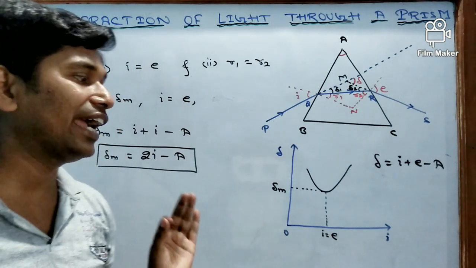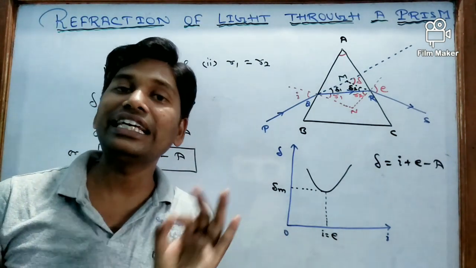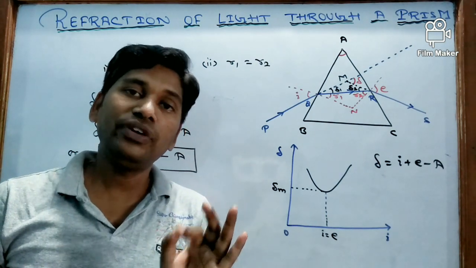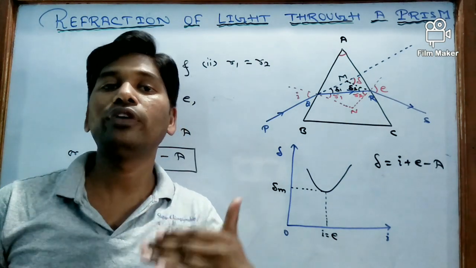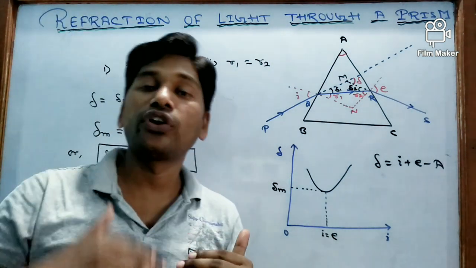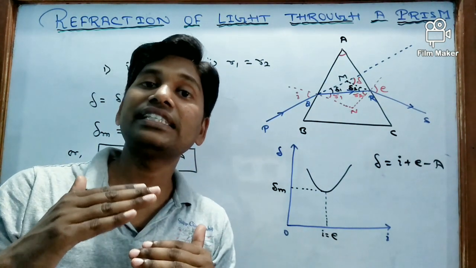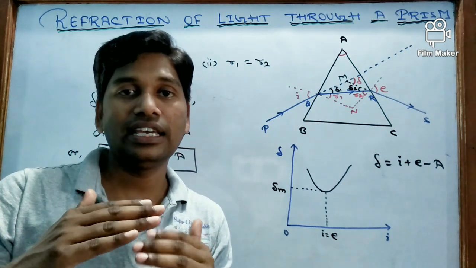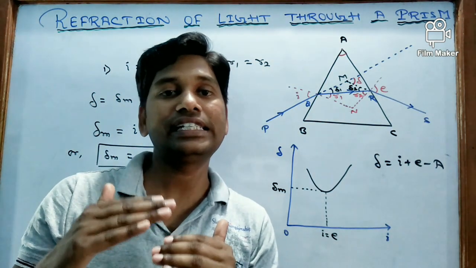For a given angle of incidence, the angle of deviation increases with refractive index. That means the more the refractive index, the more the angle of deviation. And the fourth factor is wavelength. For red color there is minimum deviation, as red has the maximum wavelength, and violet deviates the most as it has the minimum wavelength.